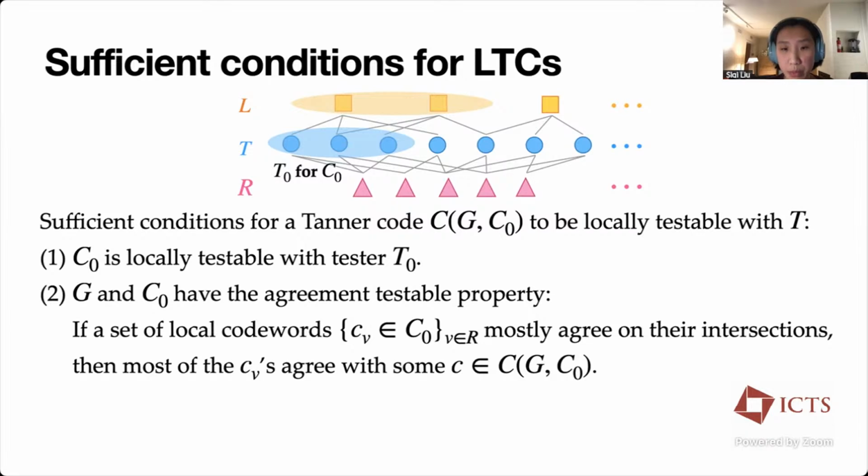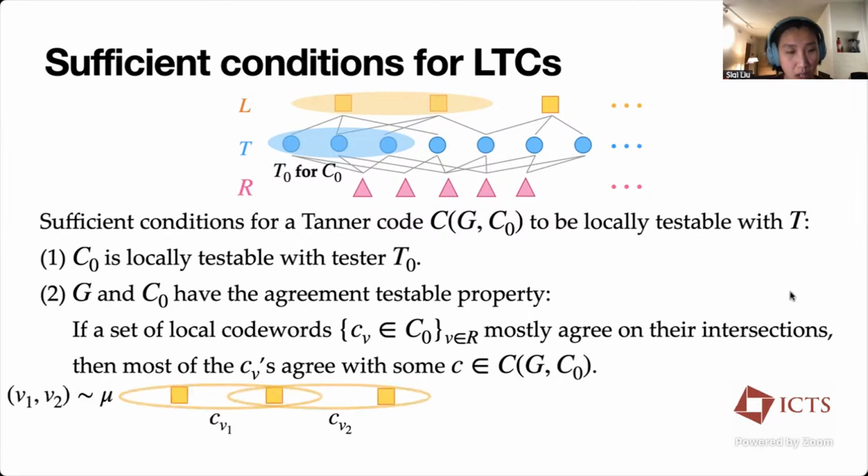So let me try to be a little bit more precise here. This property is asking for a distribution mu over pairs of vertices from the right-hand side of this graph G, such that these pairs have intersecting neighborhoods.